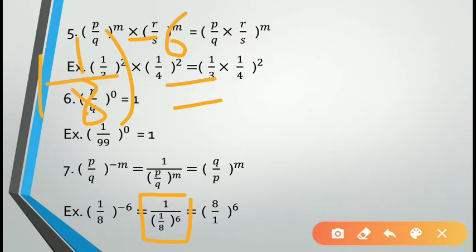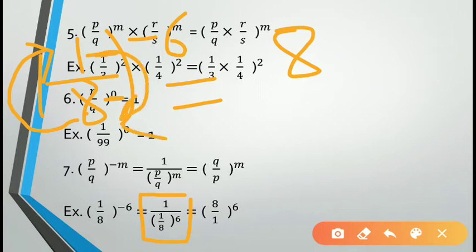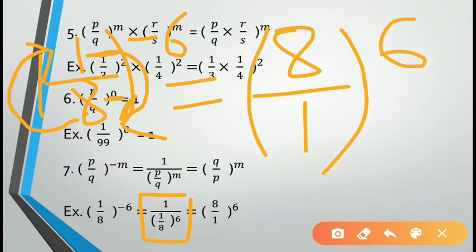Suppose here the numerator is 1 and the denominator is 8. You just write the denominator upside, means 8, and the numerator 1 into the denominator. This is the reciprocal of this number, and just write this 6 only.